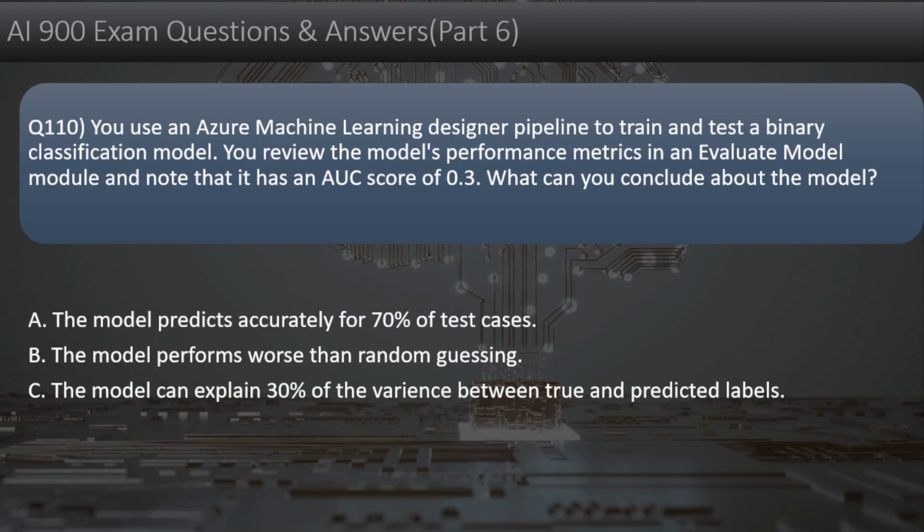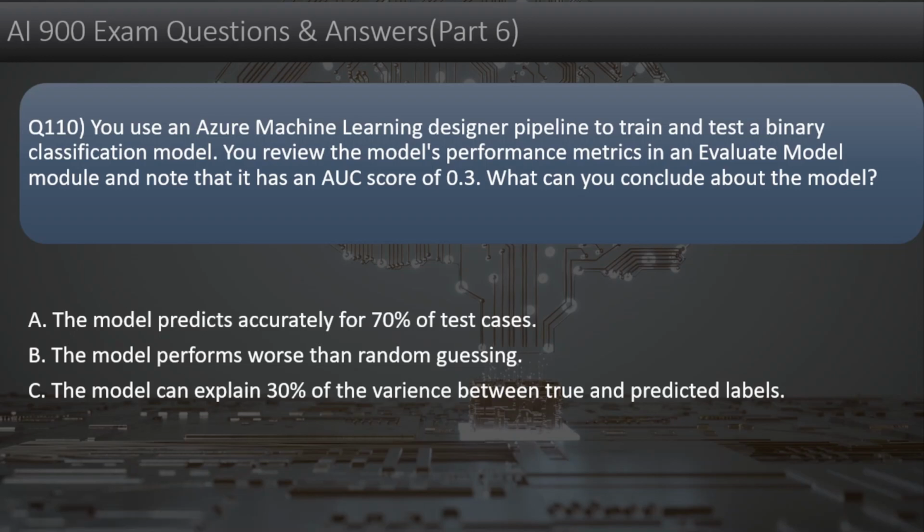You use an Azure machine learning designer pipeline to train and test a binary classification model. You review the model's performance metrics in an evaluate model module and note that it has an AUC score of 0.3. What can you conclude about the model?